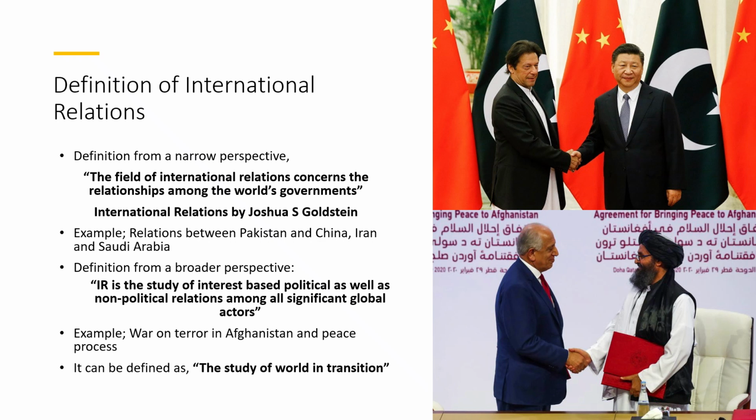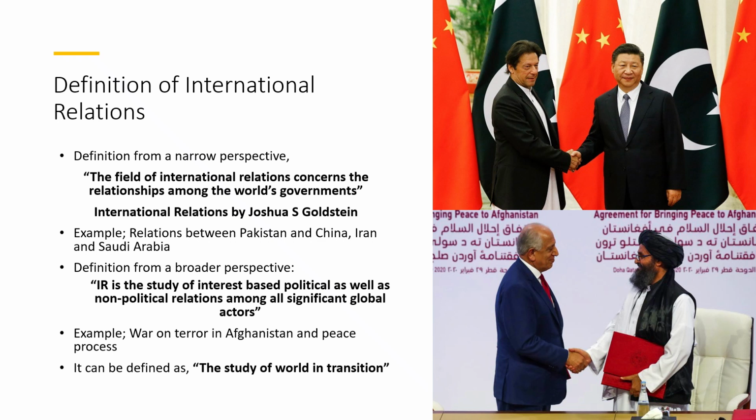The definition from a broader perspective covers all the things that international relations covers. So, how do scholars of international relations define this subject from a narrow perspective? They say that the field of international relations concerns the relationships among the world's governments.